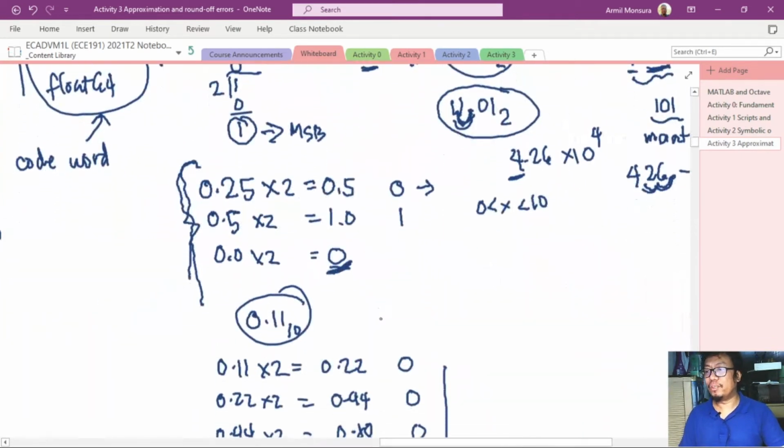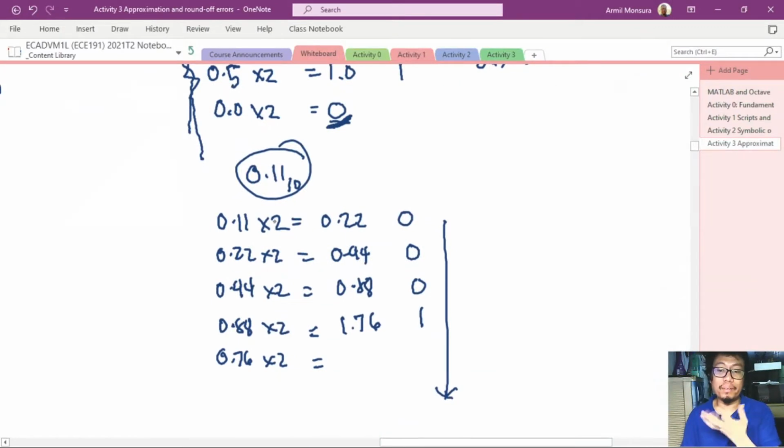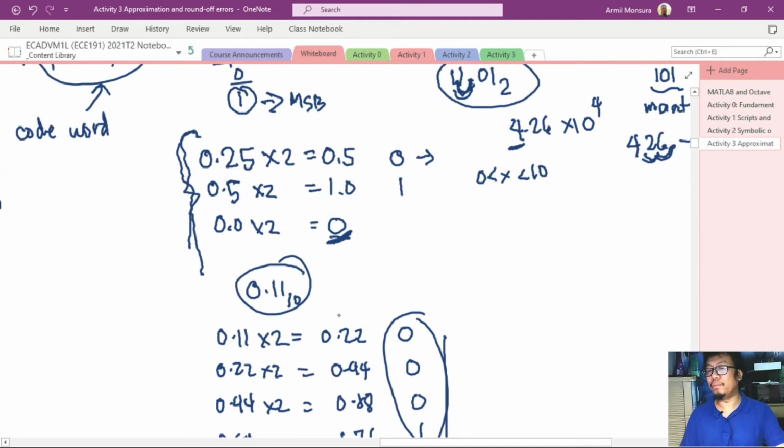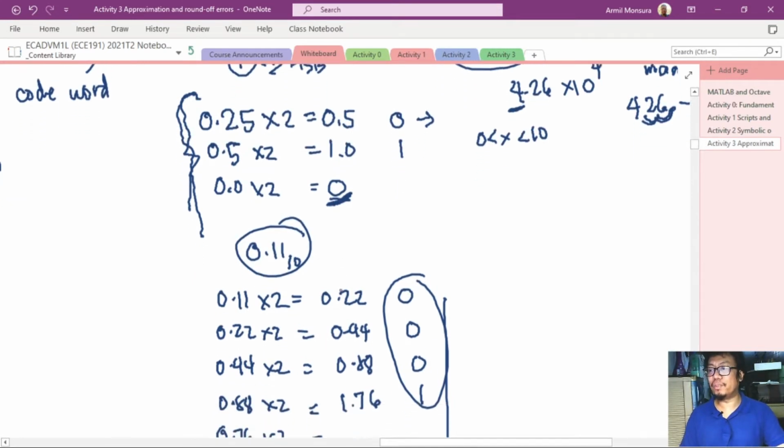In the case of 0.11, for example, as I was telling you earlier, you may want to determine this binary, but you would know that it would not really stop, because the only time that it would be able to stop is if one of the decimals would result in 0.5.